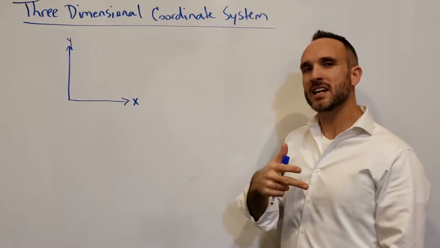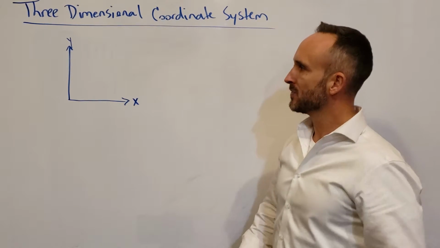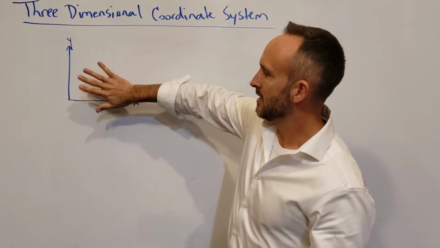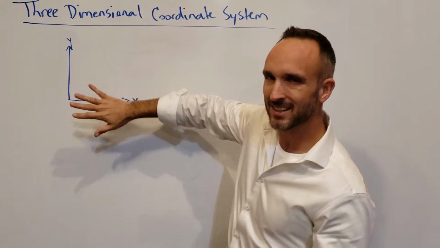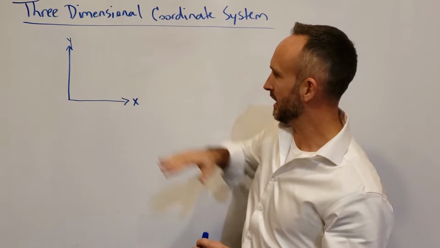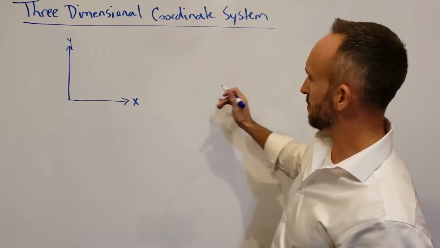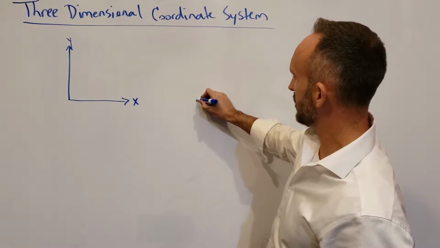So one standard approach to create a three-dimensional coordinate system using x and y is to make these, instead of being a vertical plane, tilt them back and lay them flat so that it's a flat plane. And so one way we can do that is simply to tilt the y-axis back like this, and maybe it points back this way.